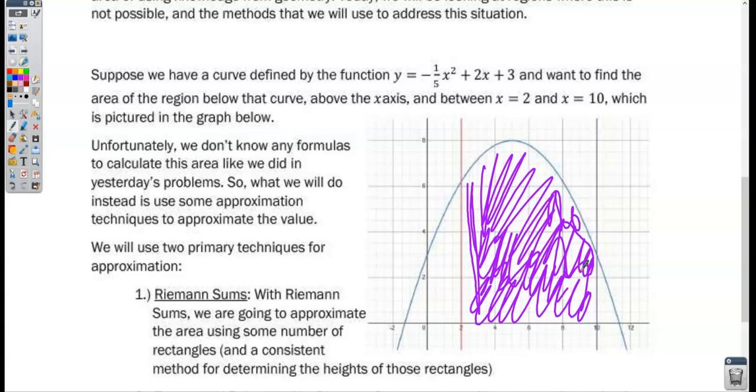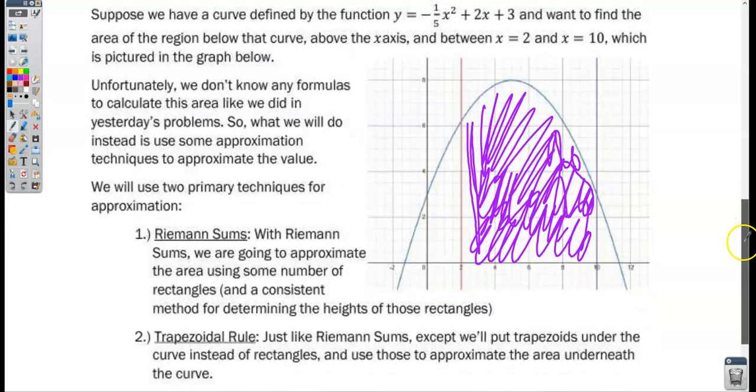The most common Riemann sums that we're going to use in this course are the Left-Endpoint Riemann sum, the Right-Endpoint Riemann sum, and a Midpoint Riemann sum, where we're subdividing this region into a number of rectangles. Depending on which of those we're using, that dictates how we determine the height of the rectangle. You'll see this a little better when we actually do this for this curve.